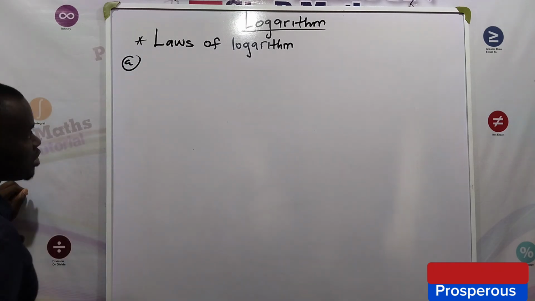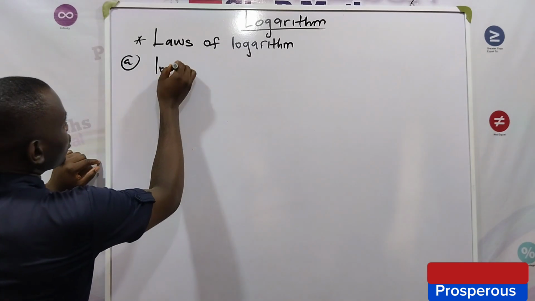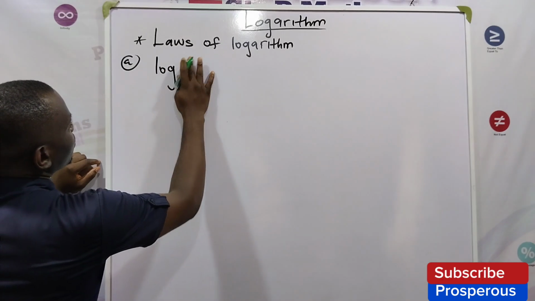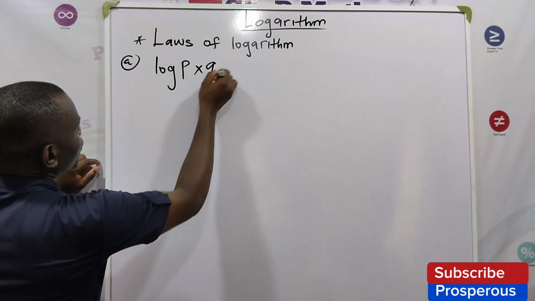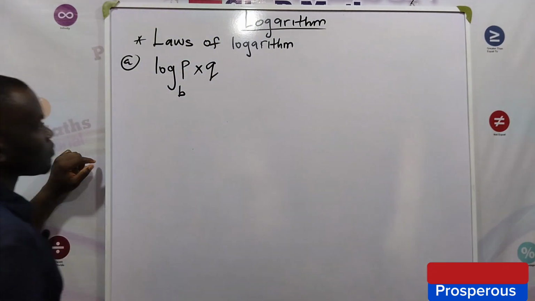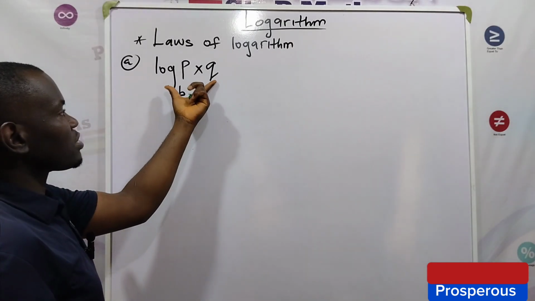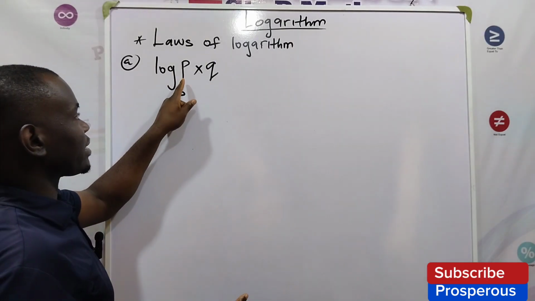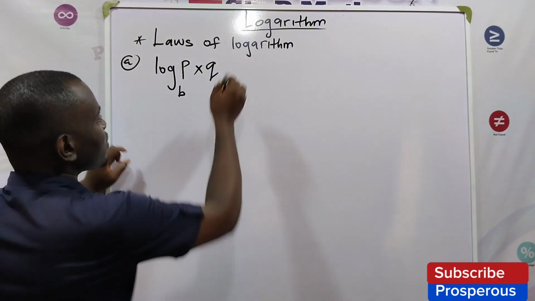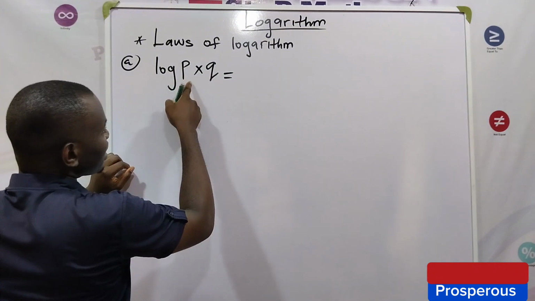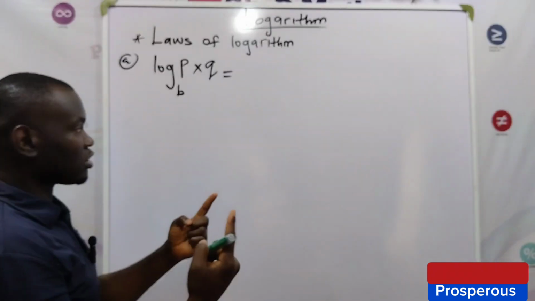The first is the multiplication law. I have the logarithm of P times Q, all to base b. Whenever you have a logarithm whose terms are multiplying, you split them into the addition of two logarithms.